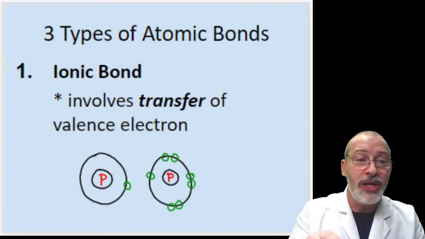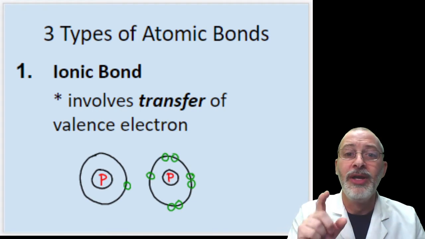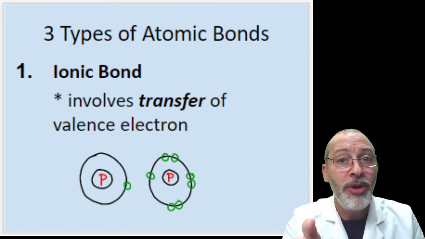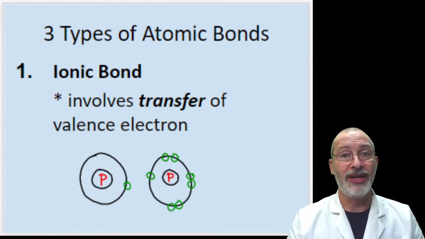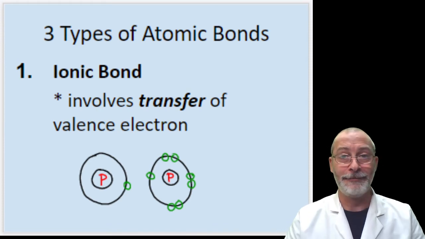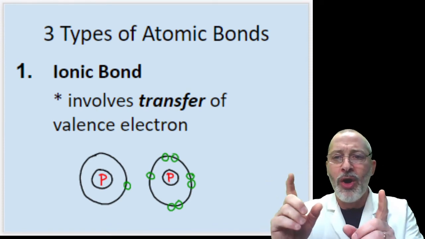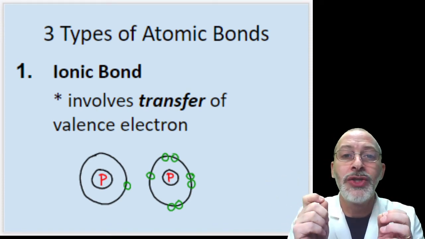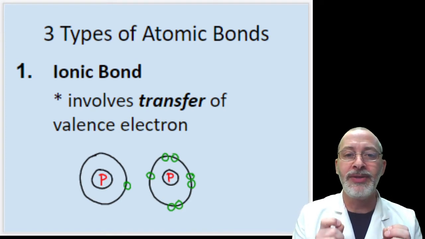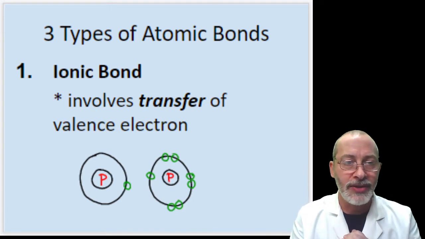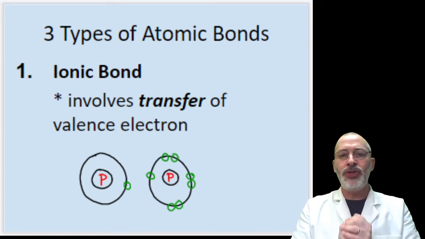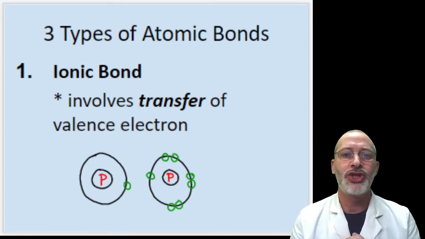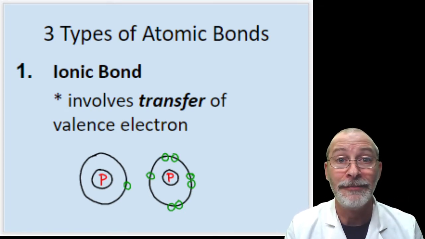And as we continue with this type of bond, I hope that you will see why it's called an ionic bond. Now, this whole concept of transfer or movement of valence electrons comes into yesterday's discussion about stability.